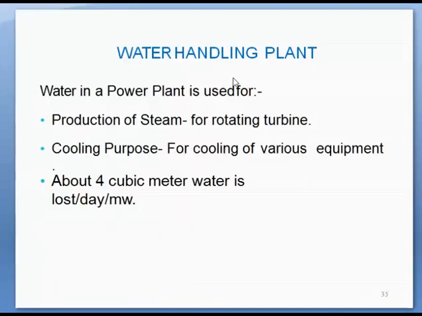Water handling plant. The water used in a power plant is for production of steam, and for cooling purposes, used for cooling various equipment. In general, about 4 cubic meters of water is lost per day per megawatt.